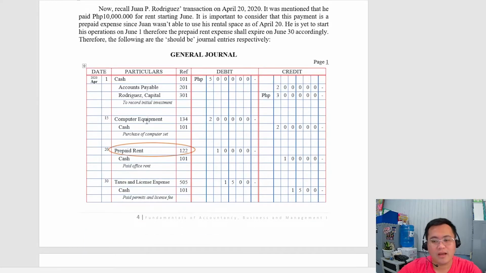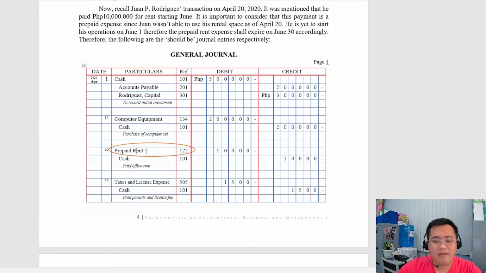Now, I just copied the same general journal sheet found in the previous lesson. However, for transaction number 3, if you could recall, our debit here is actually rent expense of 10,000 pesos and not prepaid rent. Accordingly, on the problem, this should have been prepaid rent. Why?